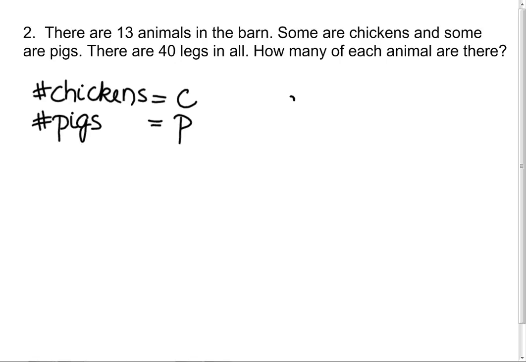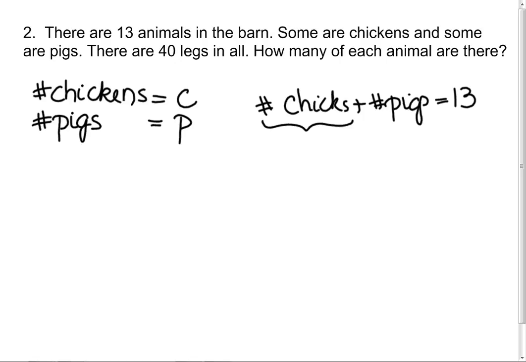So the number of chickens, let's write it in English, plus the number of pigs is how many? How many animals? 13. I don't want to write all that out. Let's just call that C, and I don't want to write all that out. We'll just call it P. C plus P equals 13.